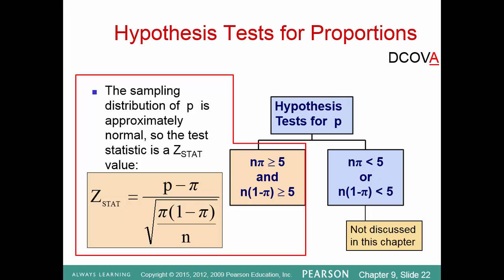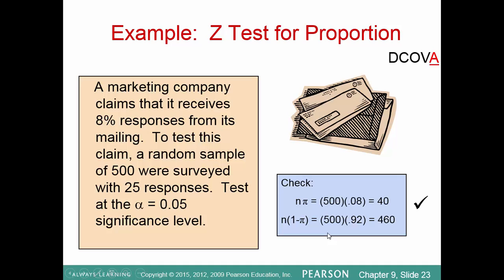So here's an example. First, the z-statistic is the sample proportion minus the hypothesized population proportion divided by this big square root of population proportion times 1 minus population proportion divided by the sample size. So here's the example.